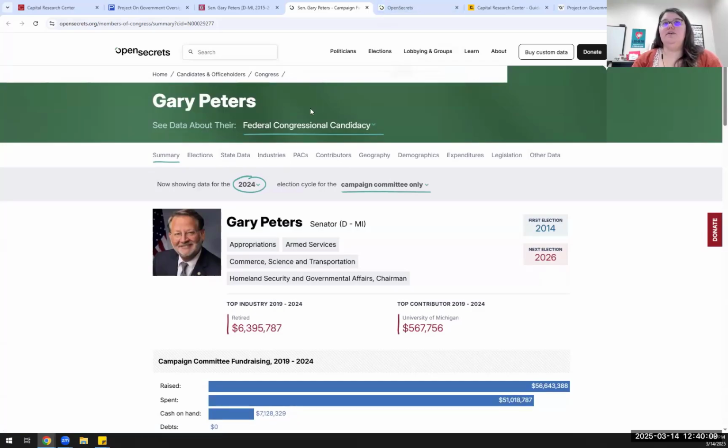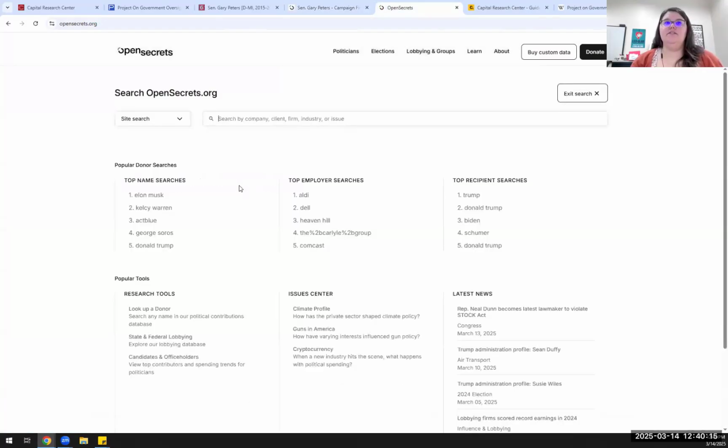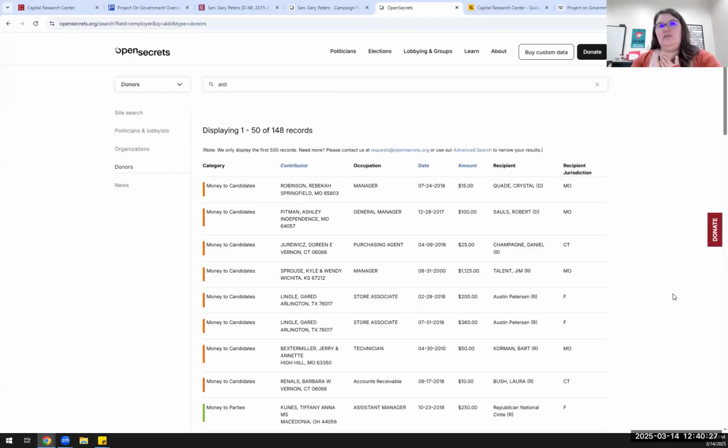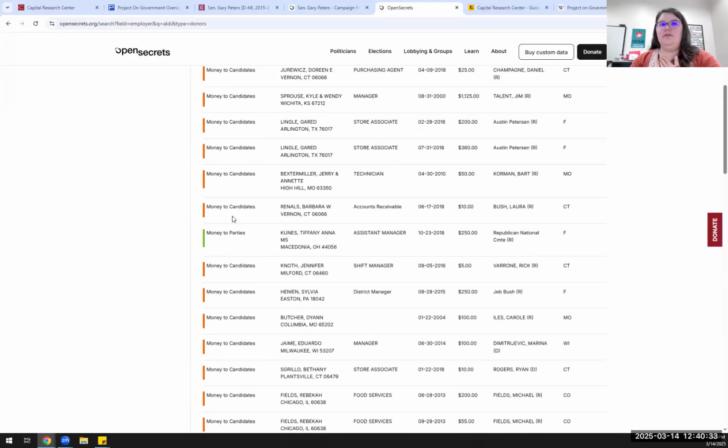So again, Open Secrets has some expenditures, and demographics and other things like that, but you'll also see some of the top searches and recent searches coming through. So if we wanted to see information about Aldi, you'll see who they are giving money to, and where they're getting this information from too.